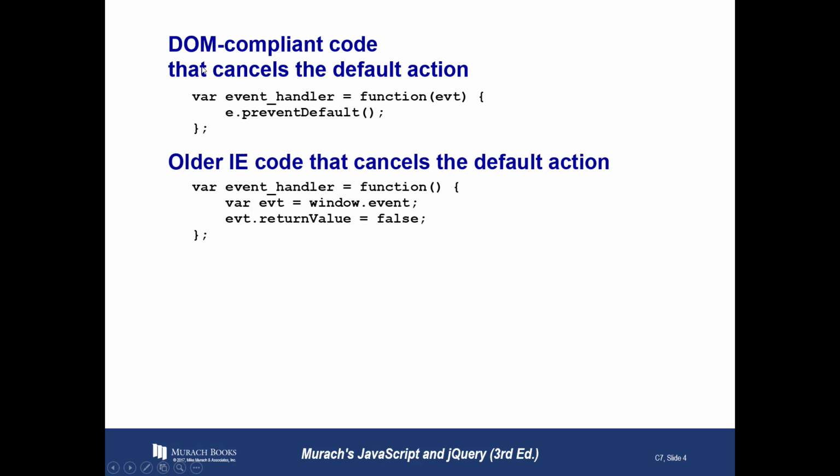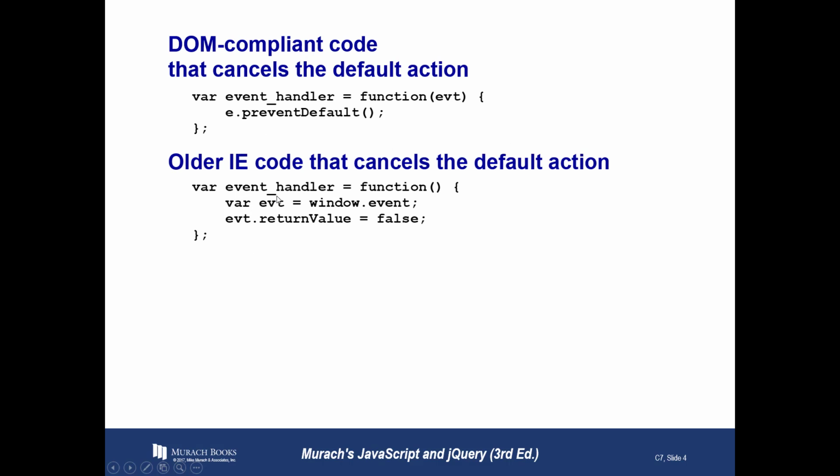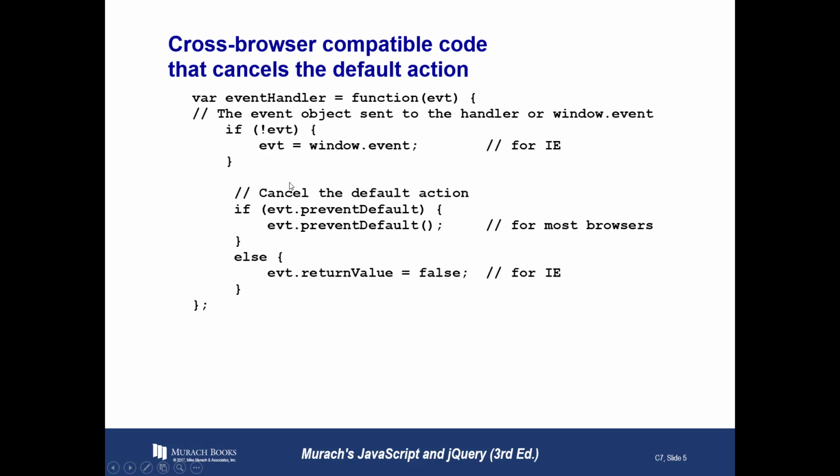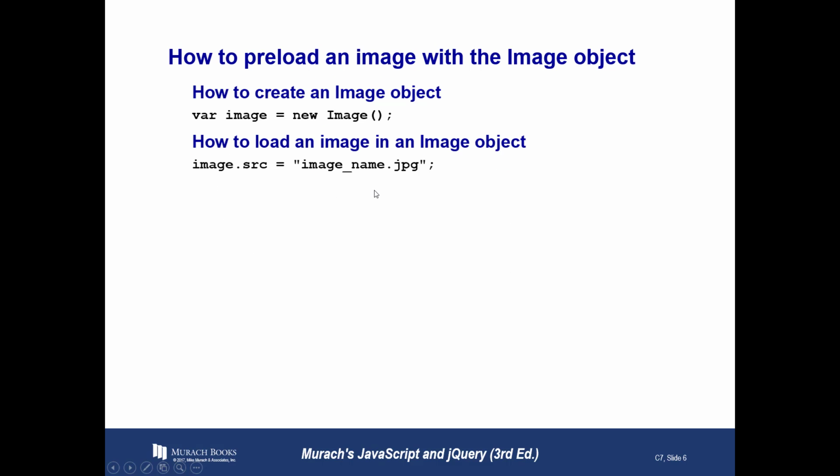This is the way you do it today for virtually every browser. Older versions of IE, back in IE6 and even older, have to do it this way, so sometimes you put both in. But virtually everything that you do today should be the newer type.